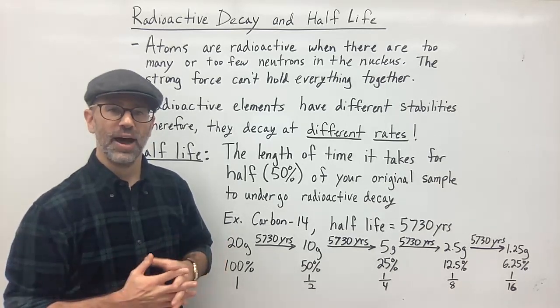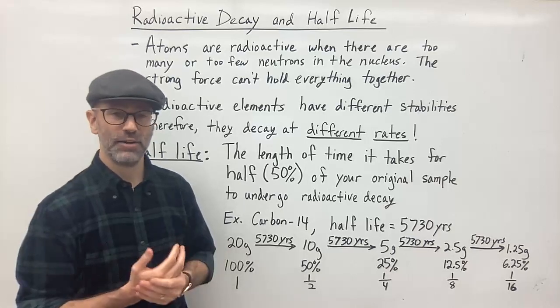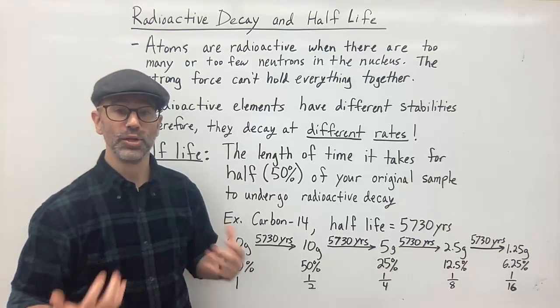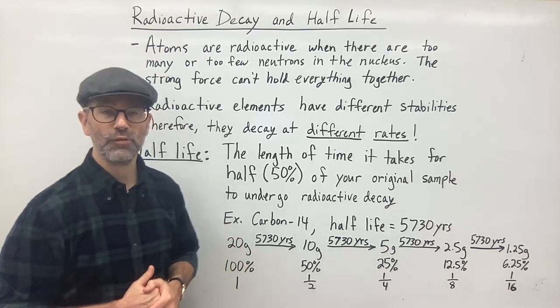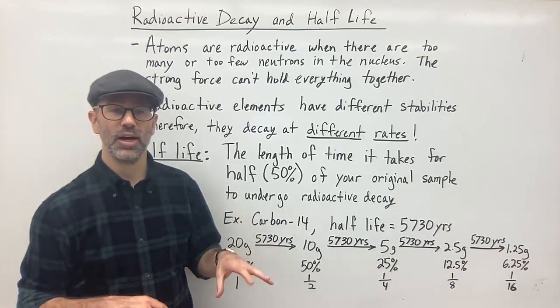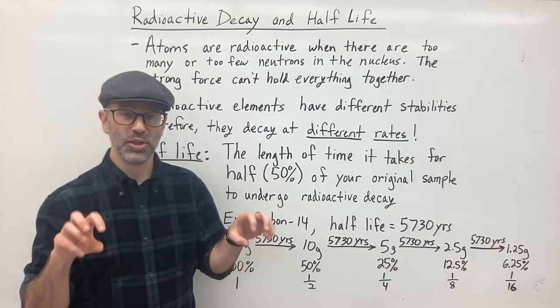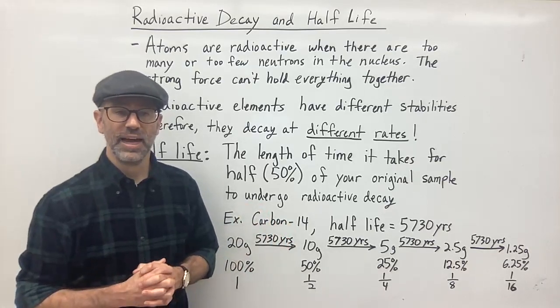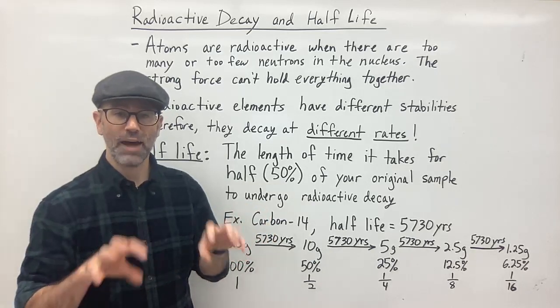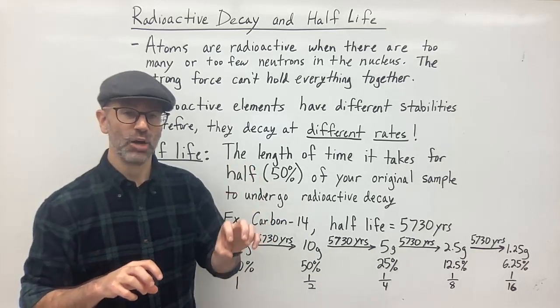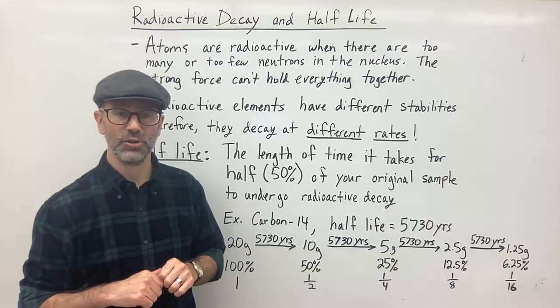One of those two has a half-life of 4.5 billion years, right? So if I start with the same amount of carbon 14 as I do with uranium 238, in order for half of it to disappear, my carbon only takes 5,730 years.